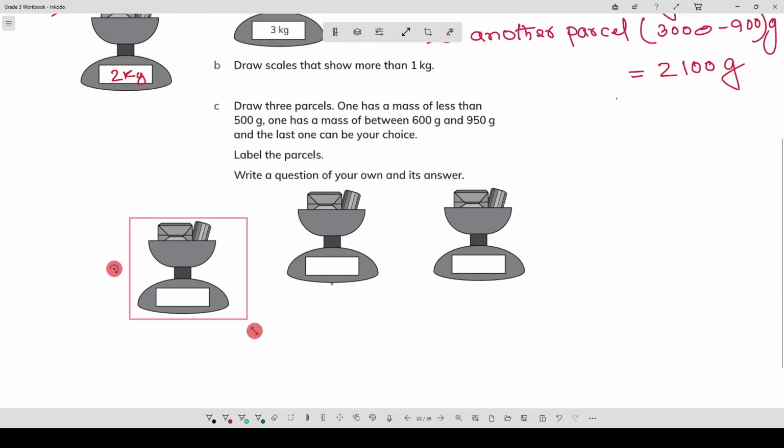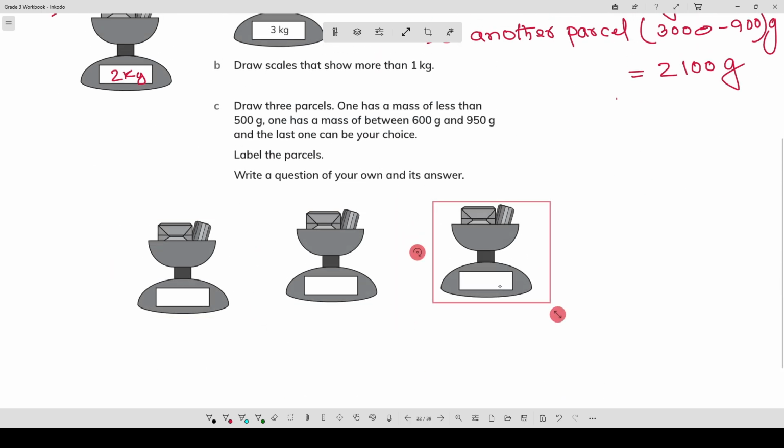Okay, so now what is the question? Draw 3 parcels. One has a mass of less than 500 gram. So we can write 400 gram. Okay, so one part done. One has a mass between 600 gram and 950 gram.